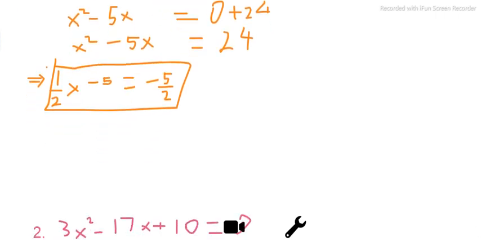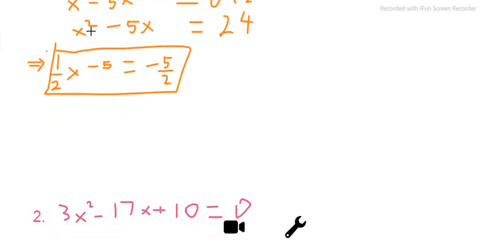So when we do that, on this side we have x squared minus 5x, and we are going to add the square of this. So we have x squared minus 5x plus minus 5 over 2, the square of minus 5 over 2, and we add it to both sides.